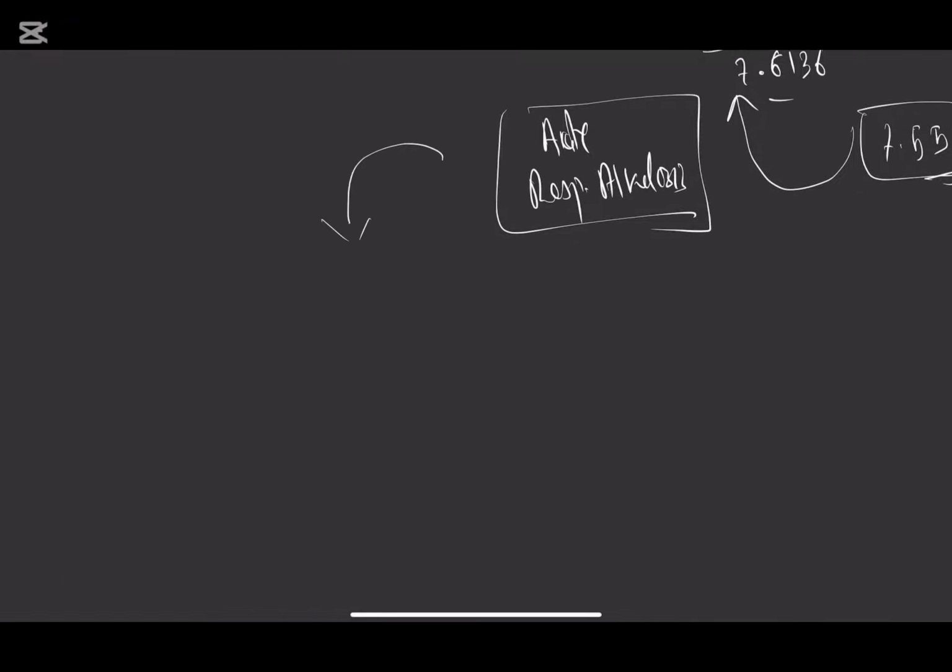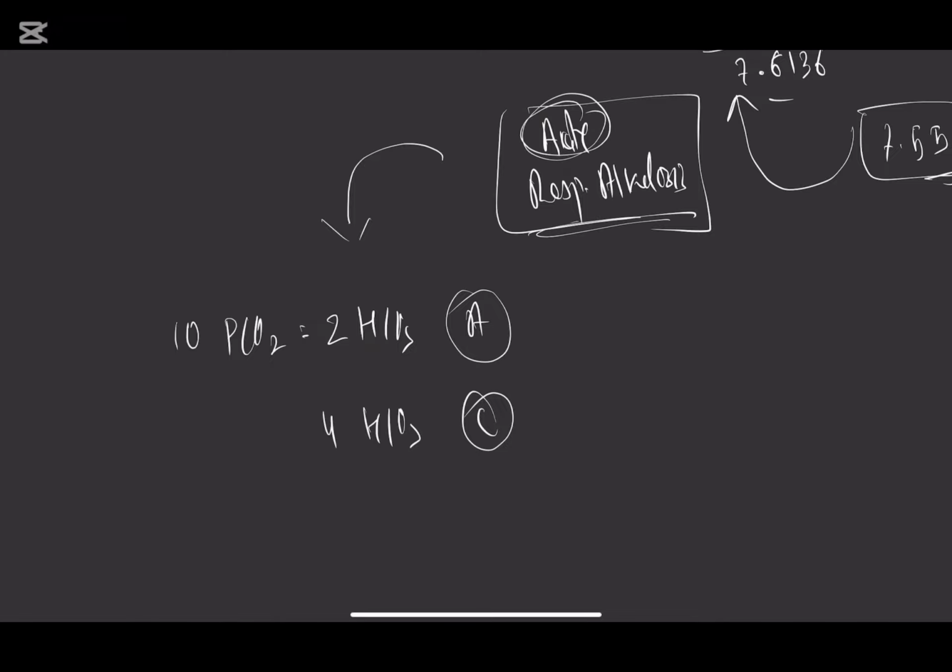Now let's check, is there any other hidden disorder or not. We know every 10 change in PCO2, bicarb changes by 2 in case of acute and 4 in case of chronic. We have acute, so we should go here.